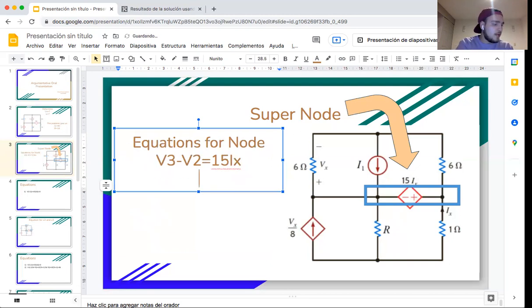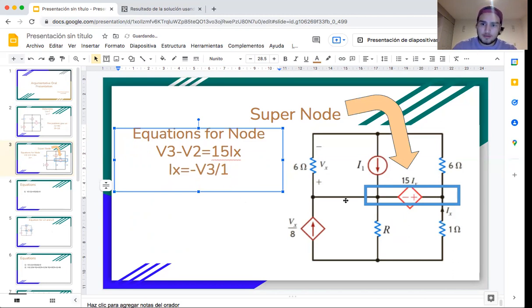And the other equation we have is Ix equals minus V3 divided by 1. This is because we have all of this here in this part. So we need to simplify this equation.